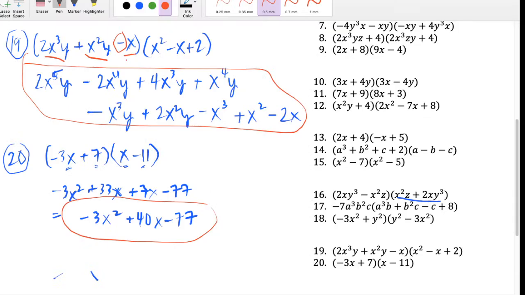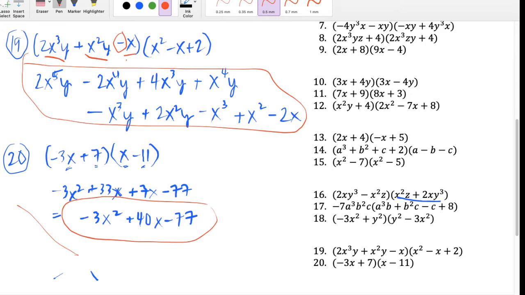Oh, okay. Sa number 18, mali pala yung nasulat ko kanina. What I wrote was 3x instead of... ano. So, going back sa number 18, yung nasulat ko kanina walang squared.